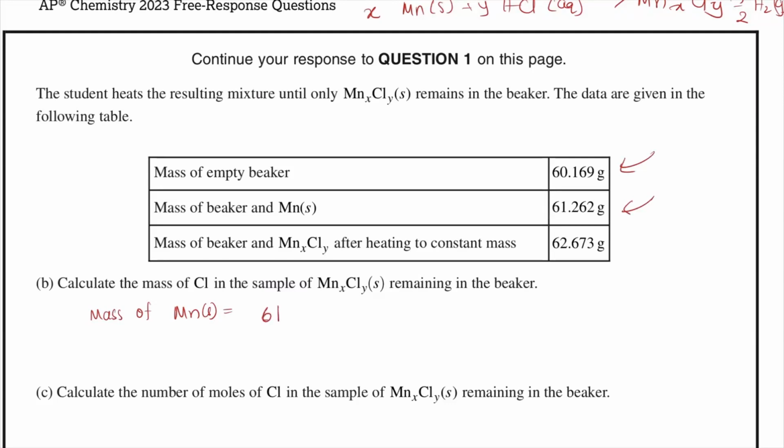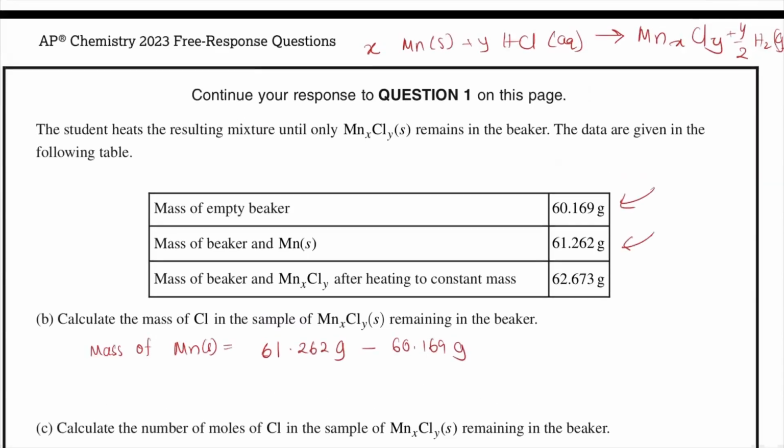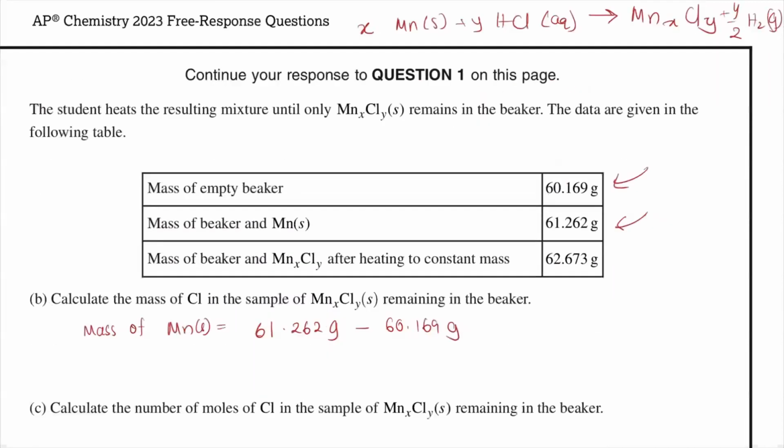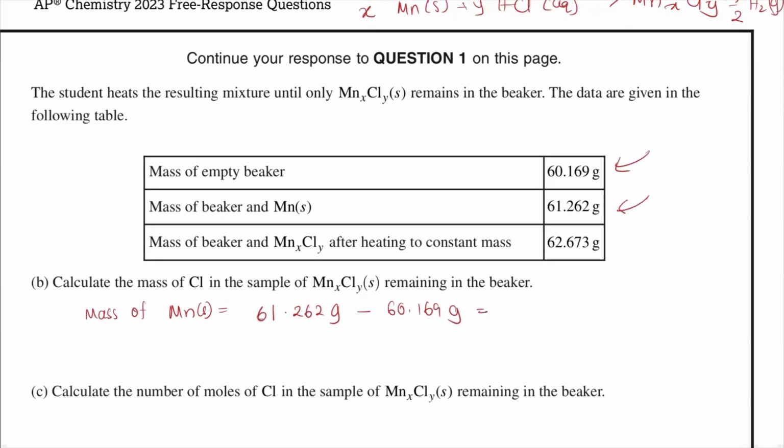So we have 61.262 gram minus 60.169 gram, and we're going to get 1.093 gram.